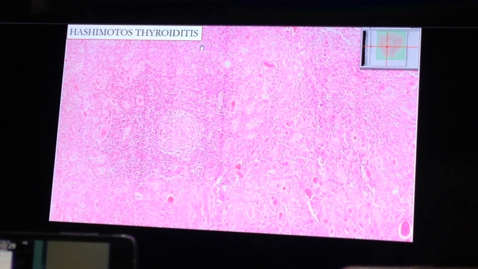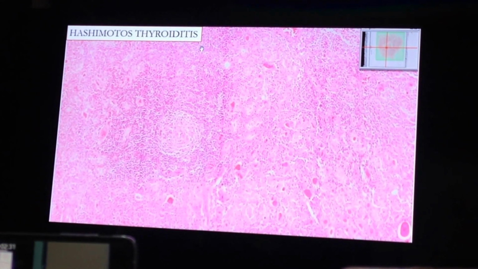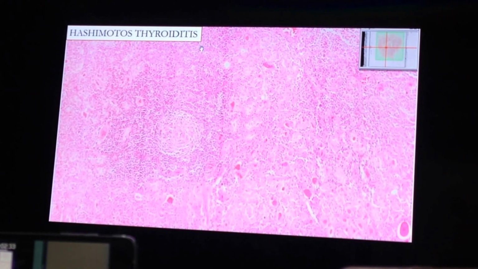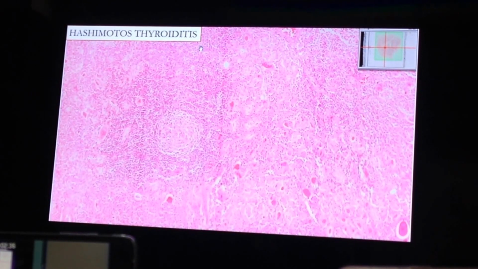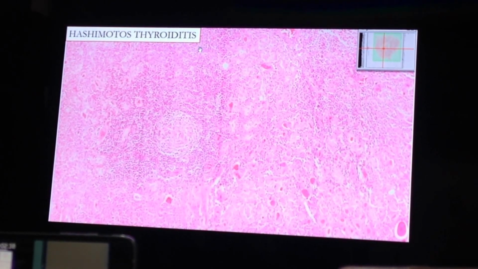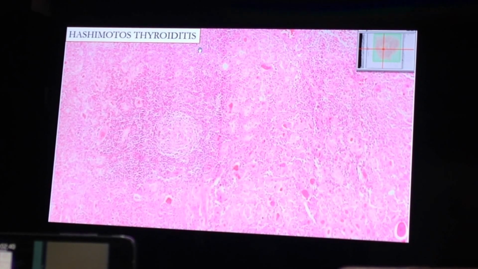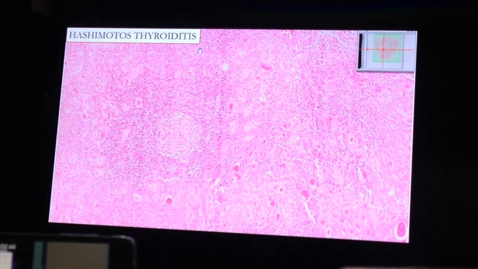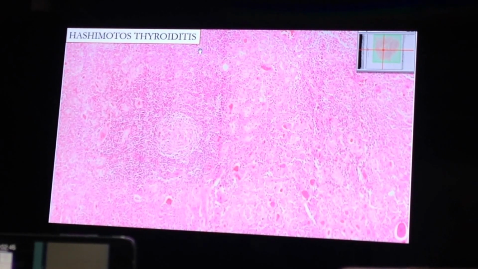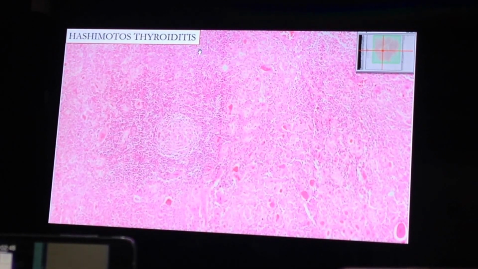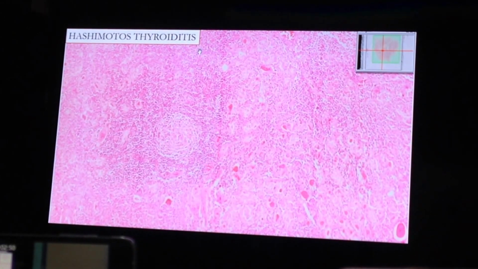Okay, next is your Hashimoto's thyroiditis. You can remember, give the type of hypersensitivity reaction for your Hashimoto's. Type 4. Okay, it was classified as type 4 in the manual. But actually, based on its pathogenesis, it's both type 4 and type 2.